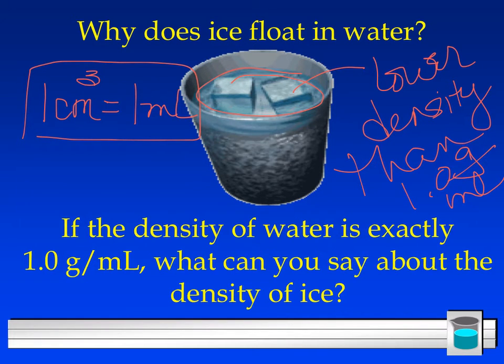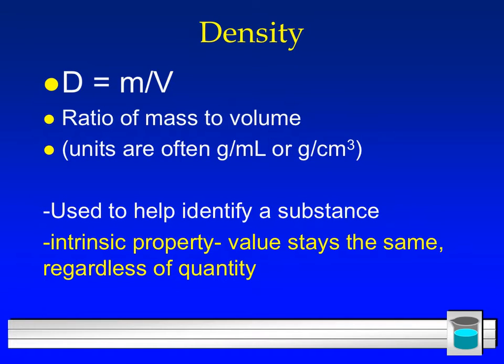Now, I'm hoping that you're aware that the fact that solid H2O is less dense than liquid H2O is an anomaly. Almost all the time solids are more dense than liquids, but water is pretty weird in a number of ways. That's one of them. The formula for density: density equals mass divided by volume.